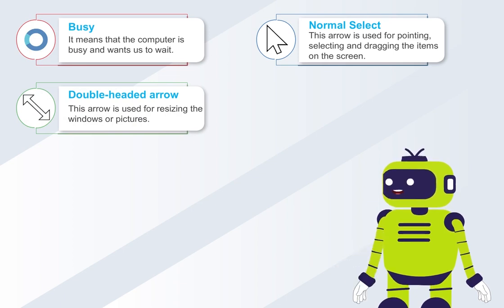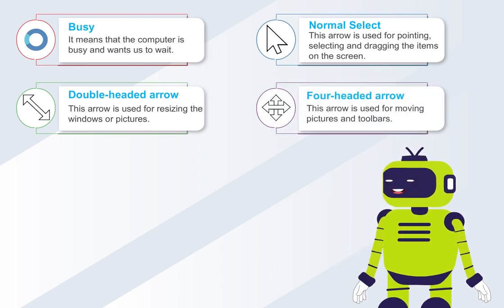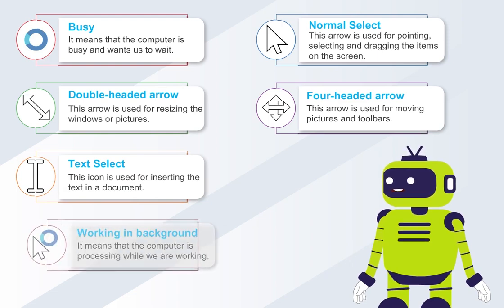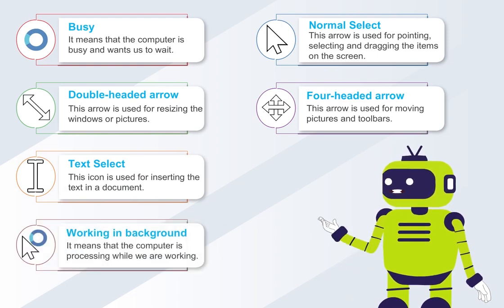Double-headed arrow. This arrow is used for resizing the windows or pictures. Four-headed arrow. This arrow is used for moving pictures and toolbars. Text select. This icon is used for inserting the text in a document. Working in background. It means that the computer is processing while we are working.